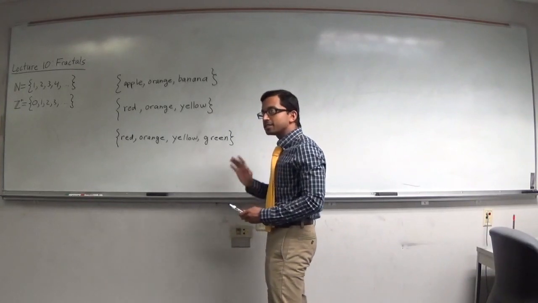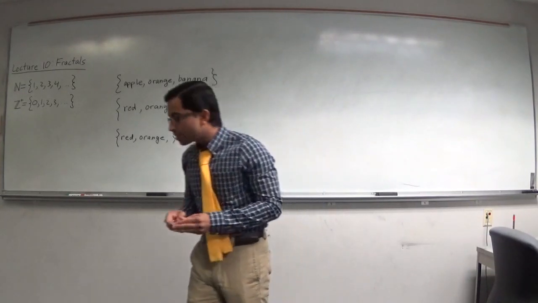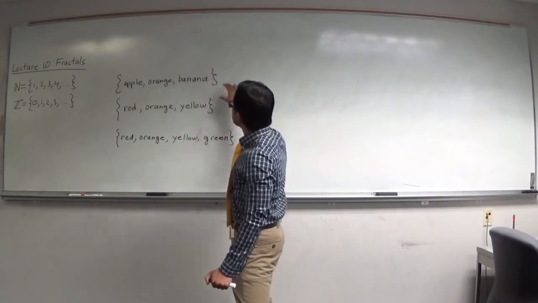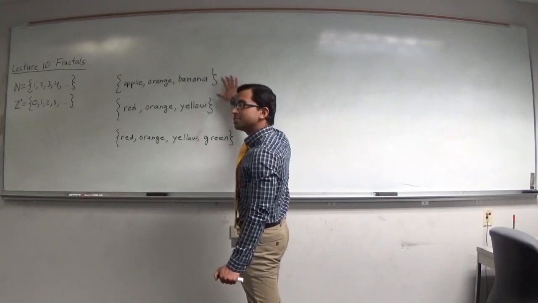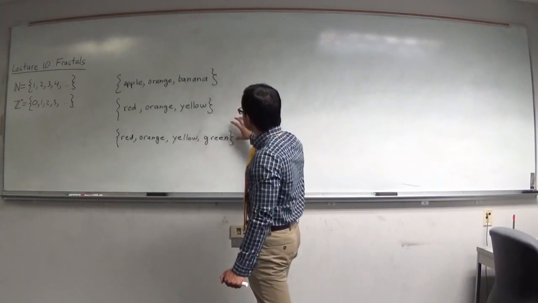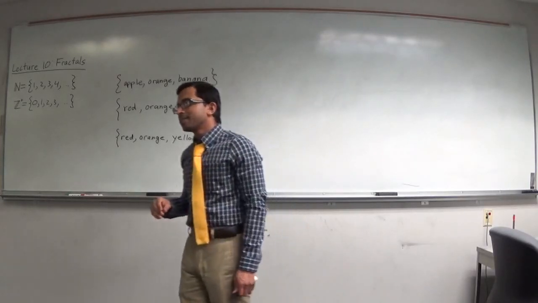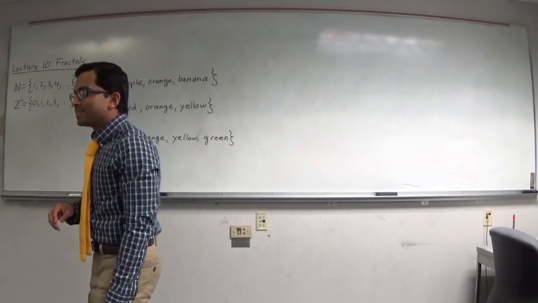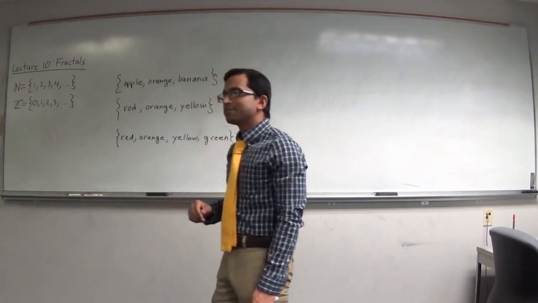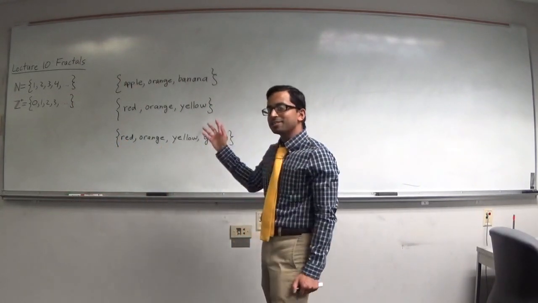Now why is that? Let's think of it in terms of math. What sort of correspondence do you see here that you don't see between, say, these two sets and this set? Do you see how we can represent this mathematically?